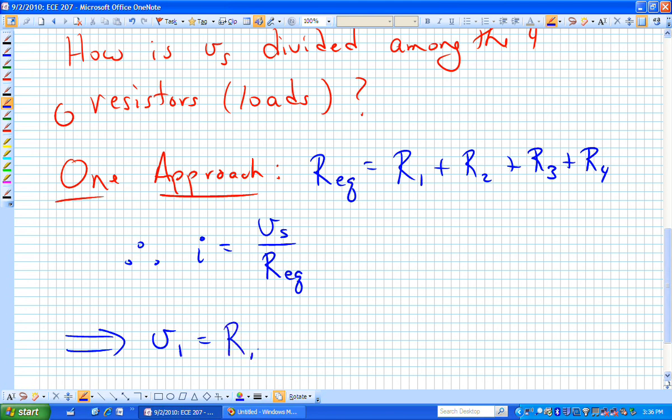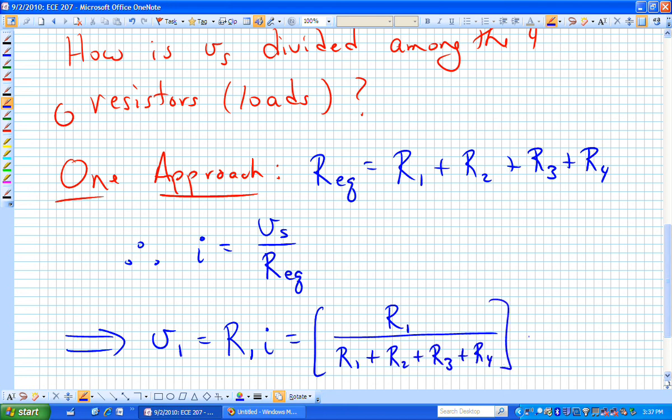By Ohm's law, that's the resistance times that current I. Or, let me now expand R equivalent into what it is in terms of the R's, and we have R1 all over R sub 1 plus R sub 2 plus R sub 3 plus R sub 4 times V sub S. I've just factored that out a little differently, where I did have Vs divided by R equivalent.